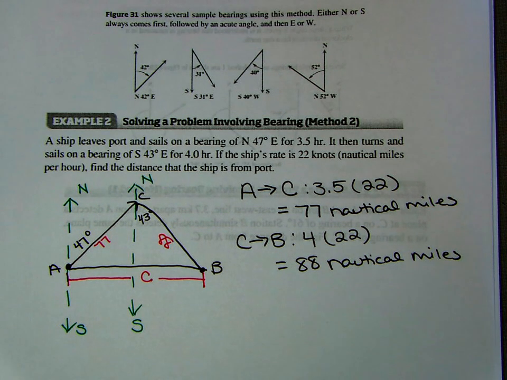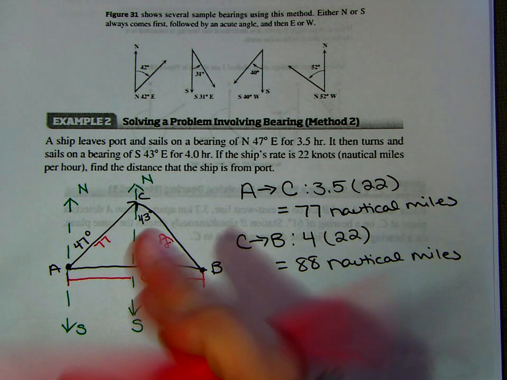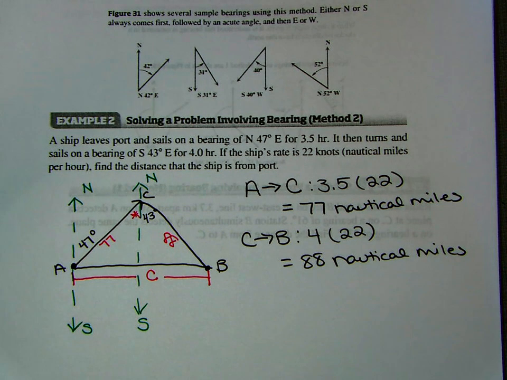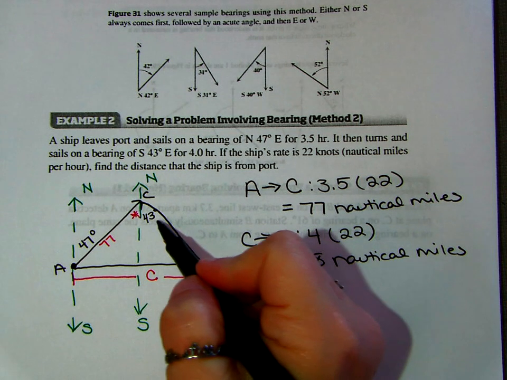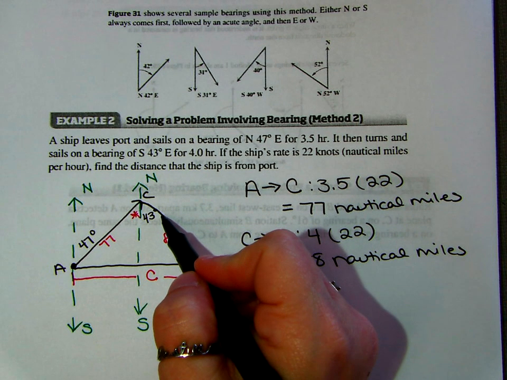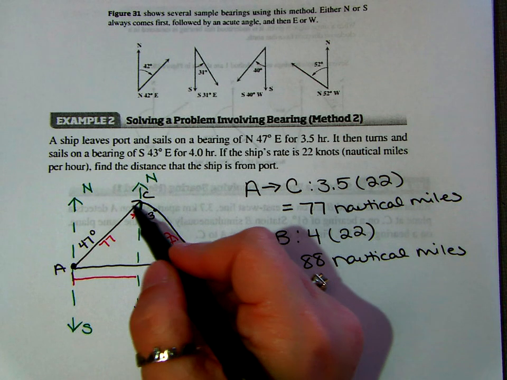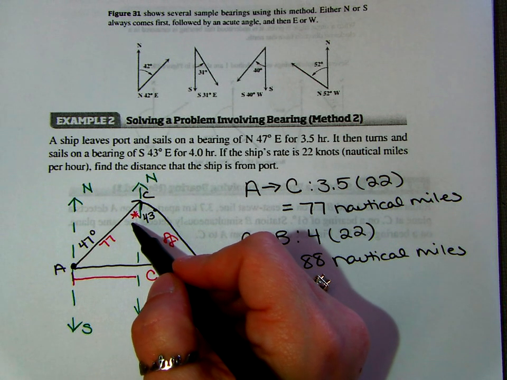The easiest thing to figure out, actually, is this little bit right here. Because remember that 43 degrees is only from this side over until our north line. So we really have this other small angle in here, and we need to figure out what it is.